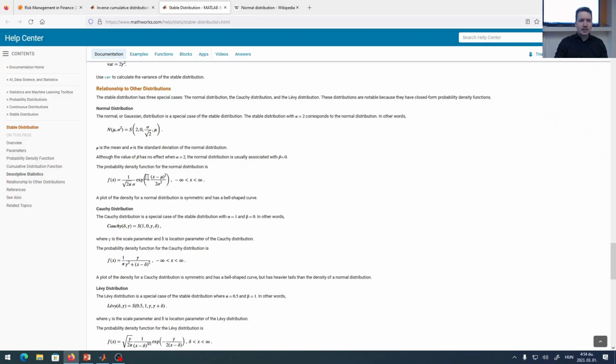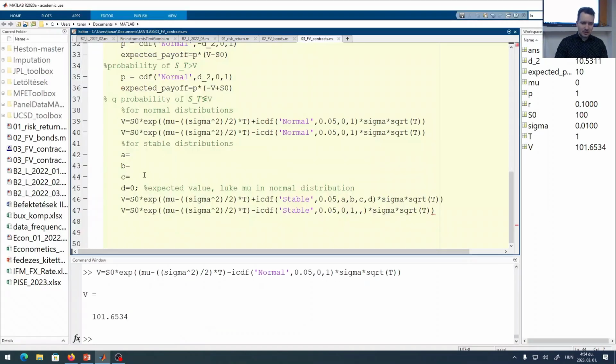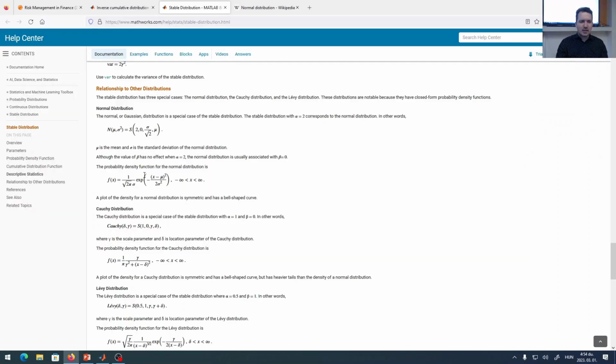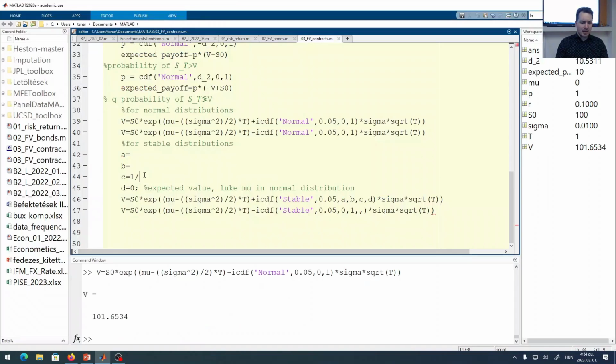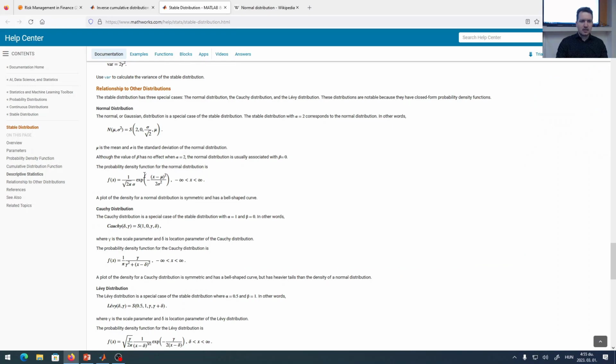The C is not on square anymore, but we have to take, yeah, so before that it was just a standard normal distribution, so it doesn't matter whether one is on squares or not, because it's the same. But now we should take 1 divided by the square root of 2.